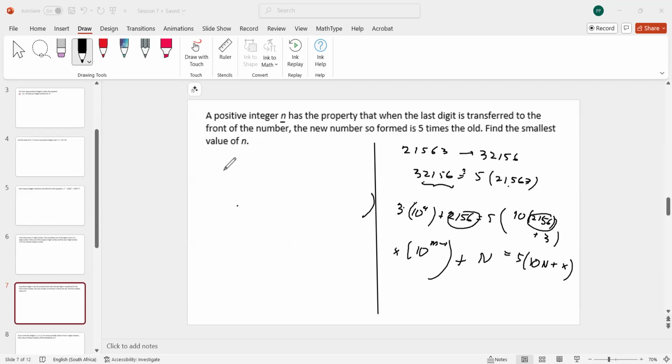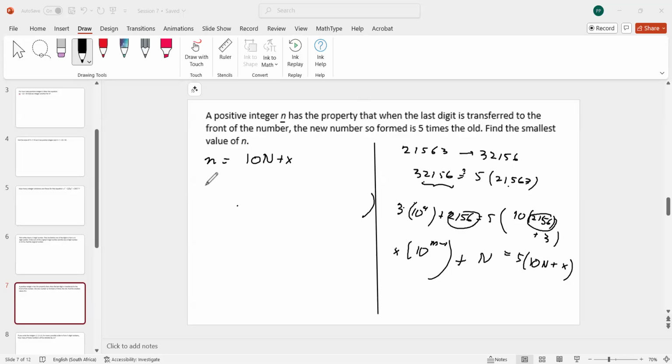Okay, so we have this equation here. Let's just bear in mind that the original number was 10n plus x. That's your number, which we had. That x was at the end, and the last digit was transferred to the front, and you got this equation here.